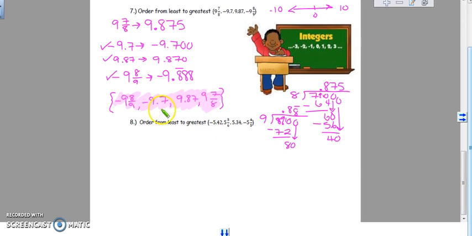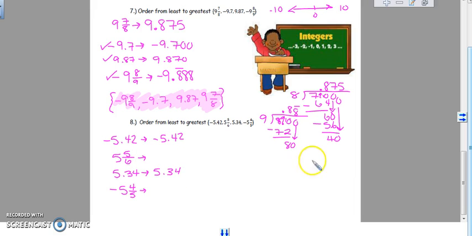Okay, let's try number 8. Same thing, write it all down. -5.42, 5 5/6, 5.34, and -5 4/5. So decimals stay decimals. Okay, 5 and 6. So top on the inside, bottom on the outside. 6 can't go into 5, so 50.